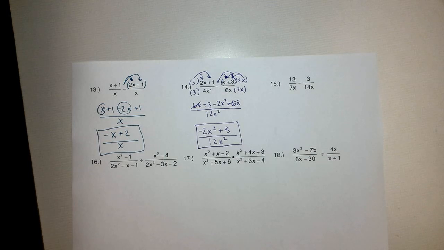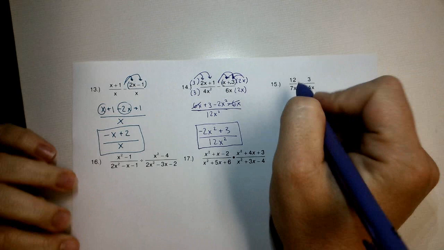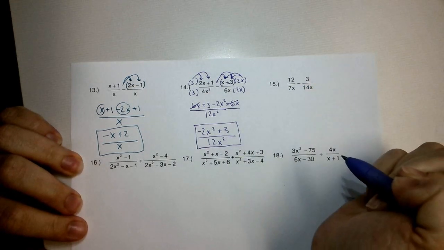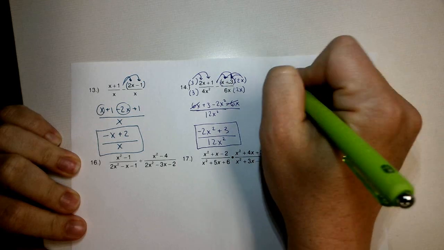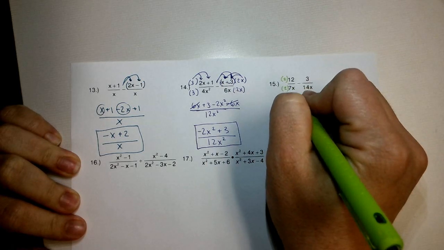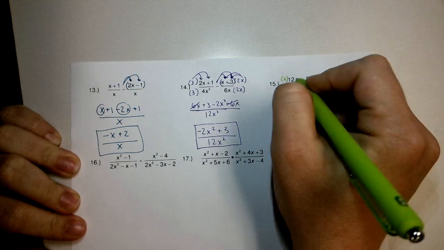Okay, so let's look at 15. On number 15, we again do not have a common denominator yet, but 7 can turn into 14. They both already have an x, so just multiply this by 2. Well, 2 times 7x is 14x, and that's 14x, so now we have a common denominator.